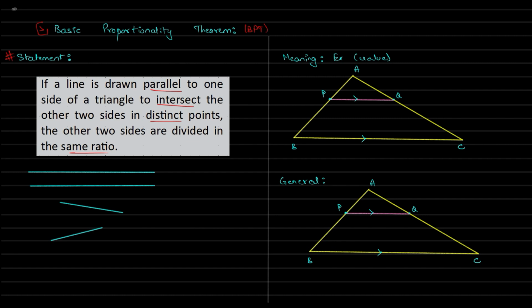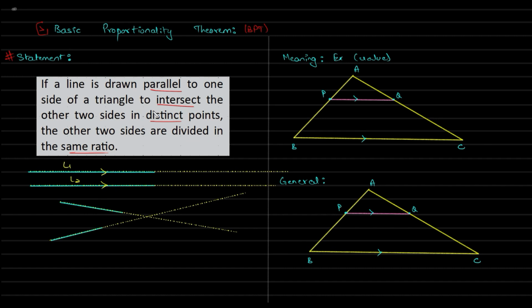But if I extend this line and extend this line, they meet. While if I extend this line and this line, they will never meet. So line 1 is said to be parallel to line 2, symbolically represented with arrows. These two lines are parallel.